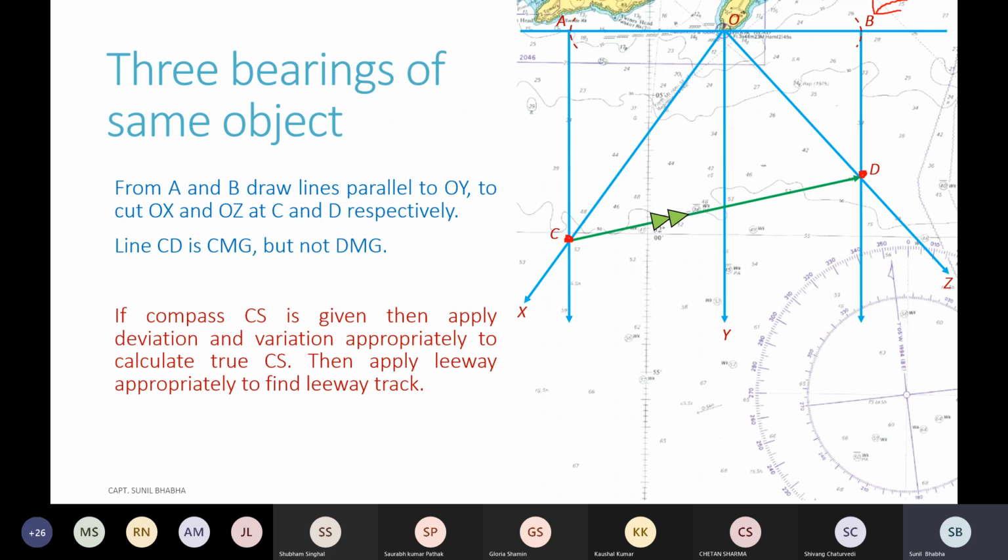Now, from the compass course, which is usually given to us in the question, we apply the deviation and variation. Once we apply deviation and variation to the compass course, we obtain the true course steered. If there is wind and leeway given to us, we will apply the wind as well as the leeway angle, and we will find our leeway track.